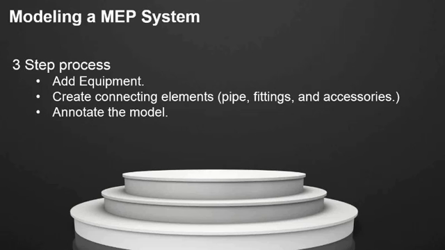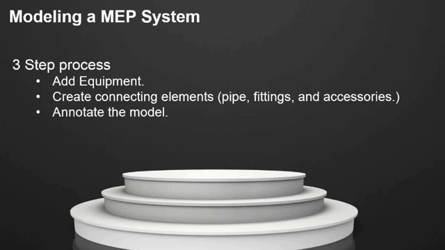This would be your pipe fittings, your accessories, anything that would actually show up in the 3D model. When that is complete, you would then start to annotate the model. And by annotating, I mean your tags, your labels, your text, your creation of all your views, your elevation views, and your printout for your sheets. Breaking it down, 3 easy steps.